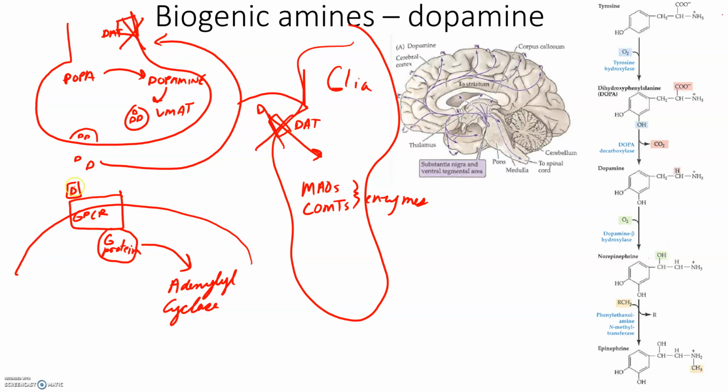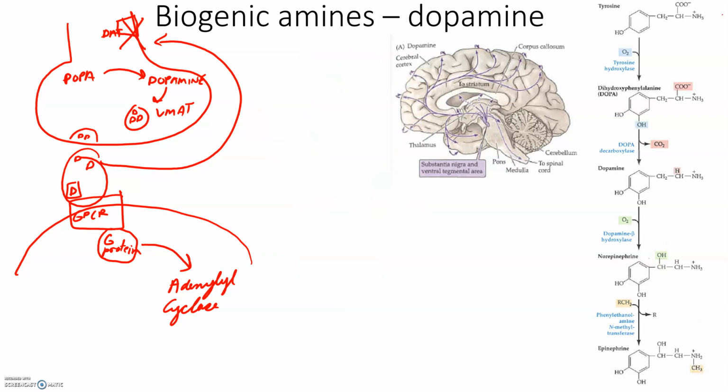And by blocking DATs, dopamine remains here longer. We mentioned that early antidepressants inhibit MAOs, again, causing different amounts of dopamine to remain in the synapse longer. So when I say, sketch out the process of dopamine from its synthesis to its release to its degradation, this is what I'm referring to.